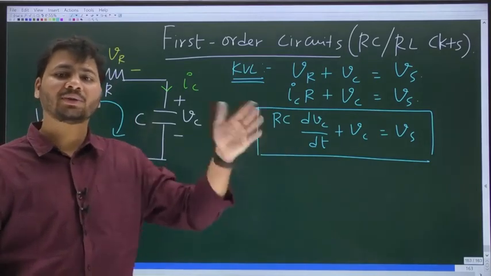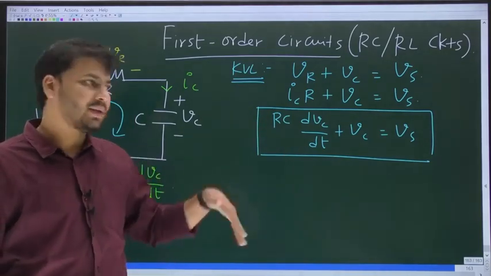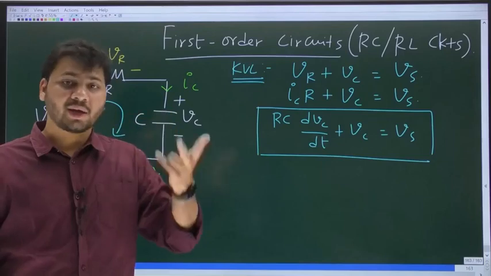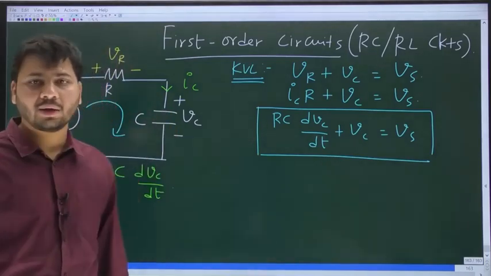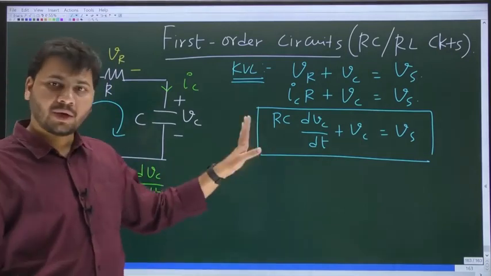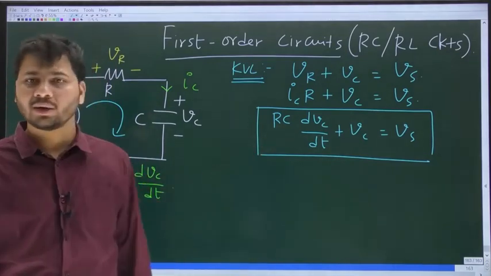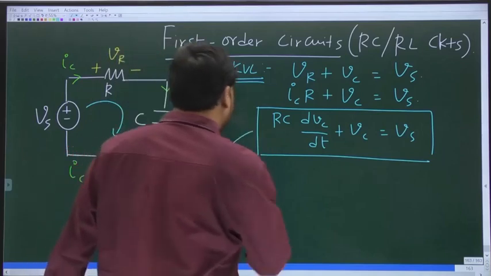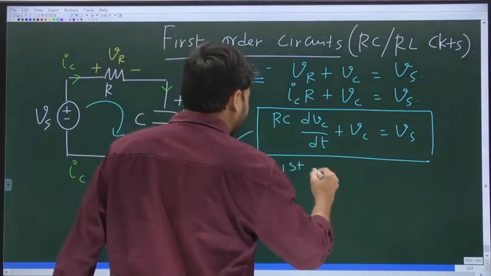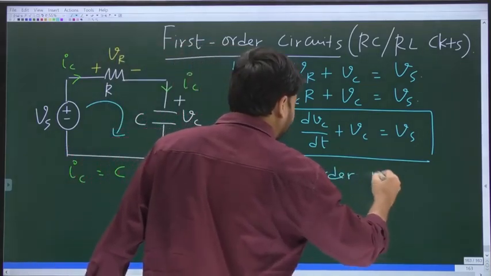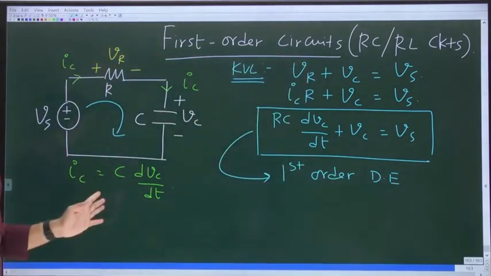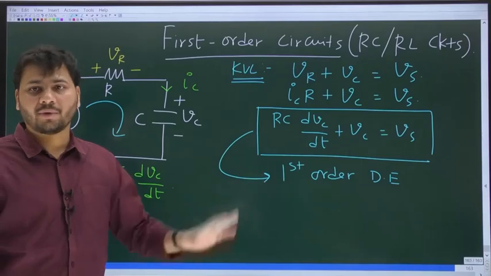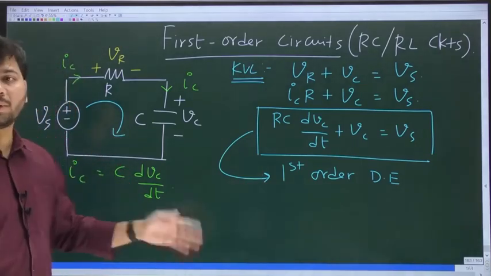If it contained d square Vc by dt square, then the highest derivative is the second derivative, and the differential equation will be called a second order differential equation. But for now, our circuit is governed by a first order differential equation. Because the circuit is governed by a first order differential equation, this circuit will be called as what?